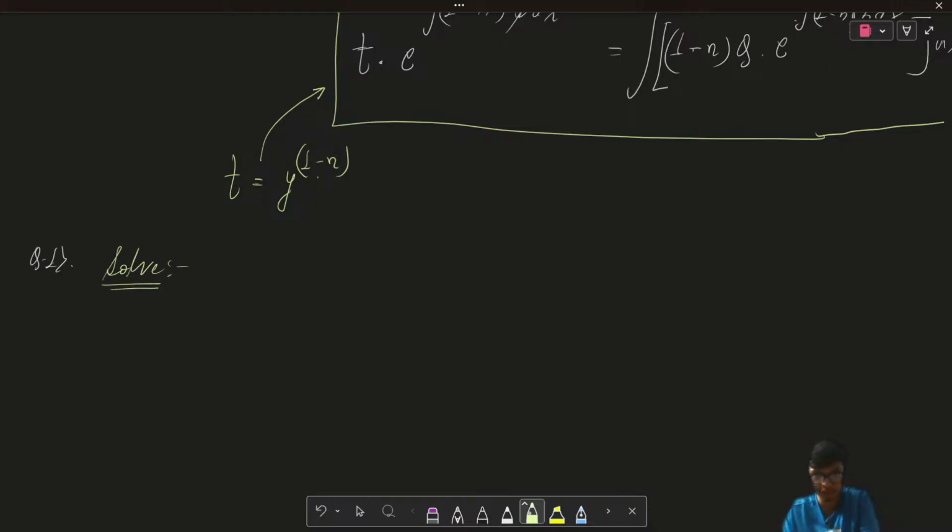Try to solve this differential equation which is given as (y times (log x) minus 1) dx is equal to x times dy, right? Please try to solve this differential equation.